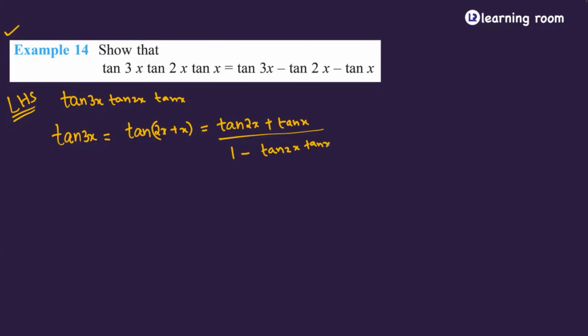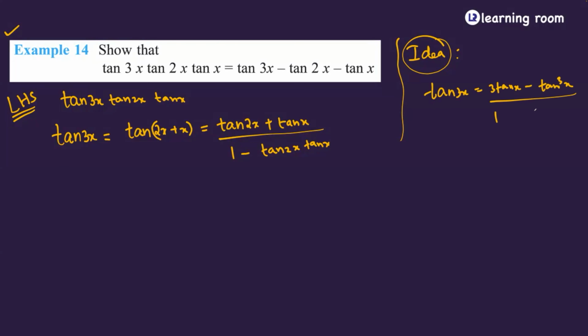Okay. So here, first thing I want you to listen to is, what is the idea here? How did I know that I'm supposed to write it this way? Generally, the formula for tan 3x is 3 tan x minus tan cube x by 1 minus 3 tan square x.